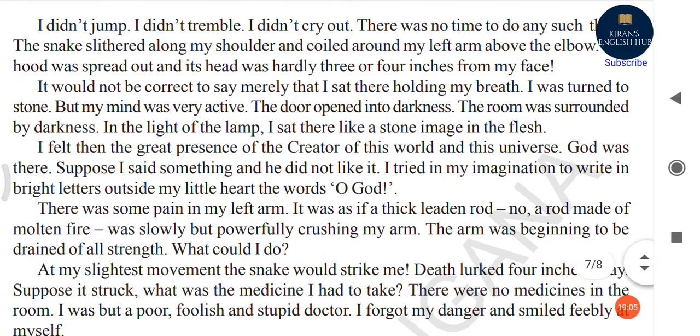I felt then the great presence of the creator of this world and this universe. God was there. Suppose I say something and he did not like it. I tried in my imagination to write in bright letters outside my little hut the words, "Oh God." Okay, so he thought that the present situation, the snake coiling around his left arm, and he just sitting without moving anywhere, is because God doesn't like to listen to his desires.